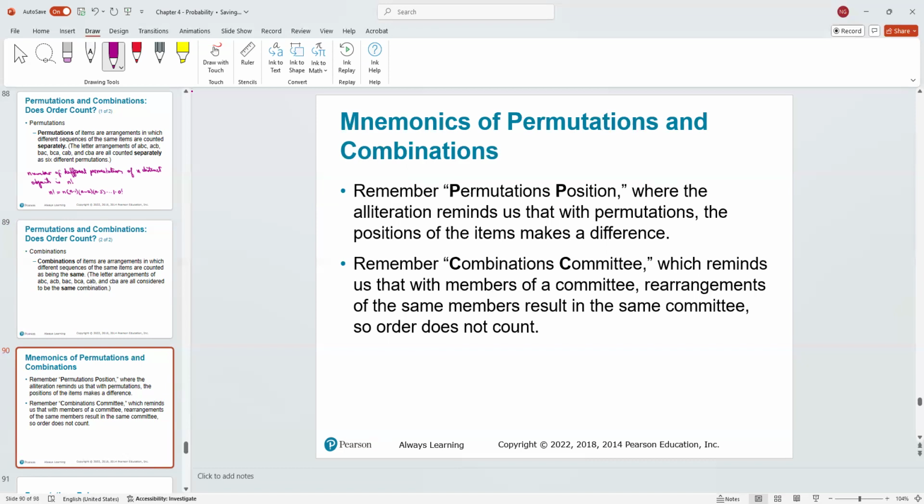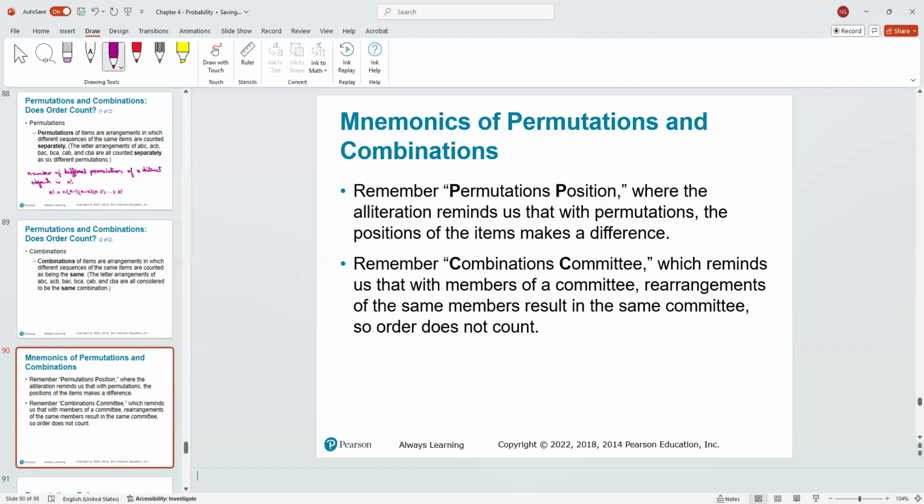The president comes first, vice president comes second, and the secretary comes third. So that's permutation. Now, if you want to see it for combinations, because they are all the same, you only form a committee of three members and you don't identify which one could be president, vice president, and secretary.